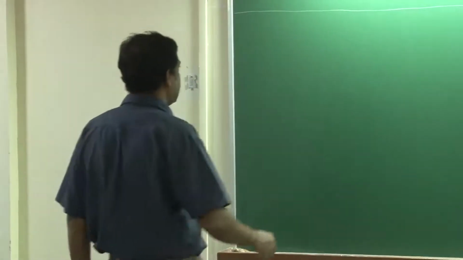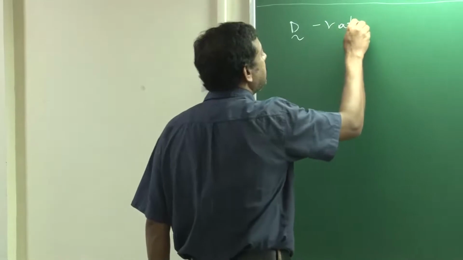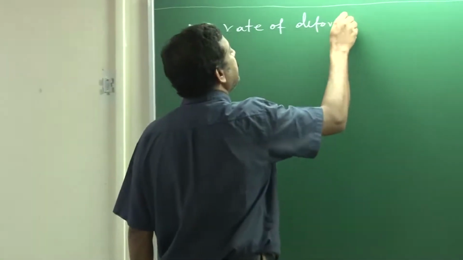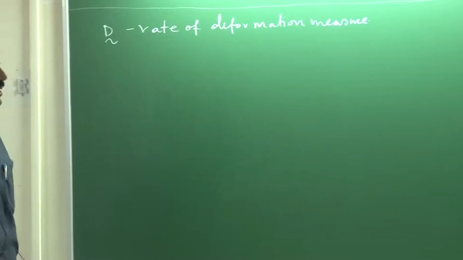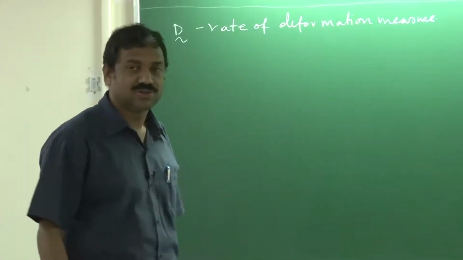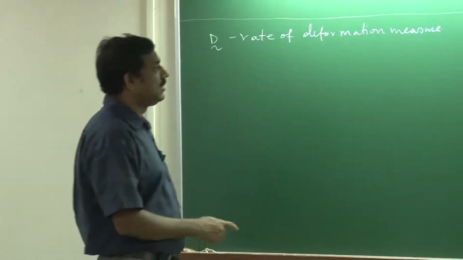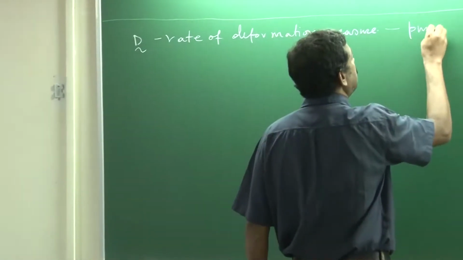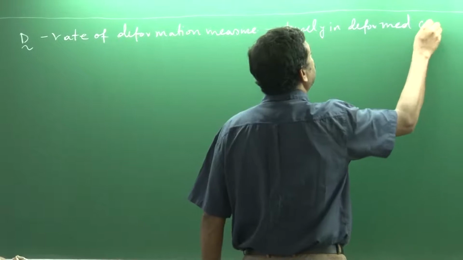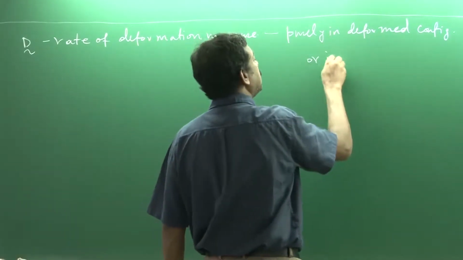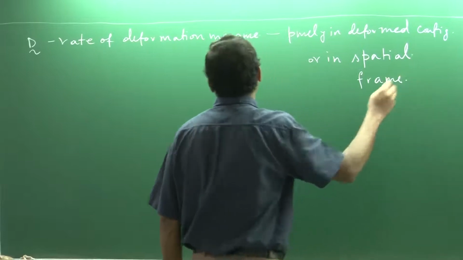In the previous class we discussed an alternate strain measure, D, that is the rate of deformation measure, which unlike the Green-Lagrange strain tensor, Euler-Almansi tensor, and Hencky strain tensor, is purely based on the deformed configuration, or the spatial coordinates, in spatial frames. So, it is in the Eulerian frame.